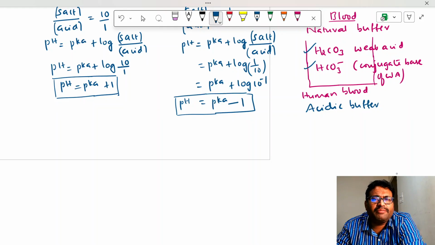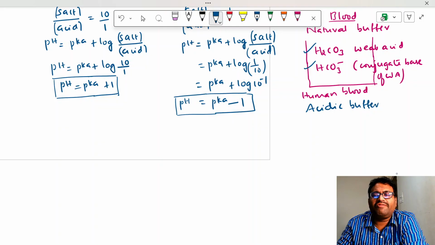This is due to the presence of the weak acid H2CO3 and bicarbonate ion. These two concentrations help to resist the change in pH and keep the pH of human blood from changing.